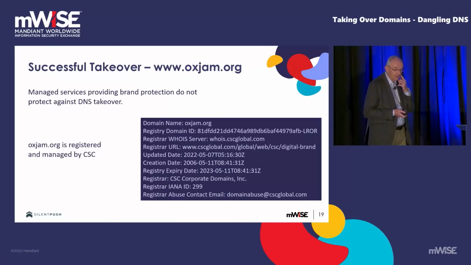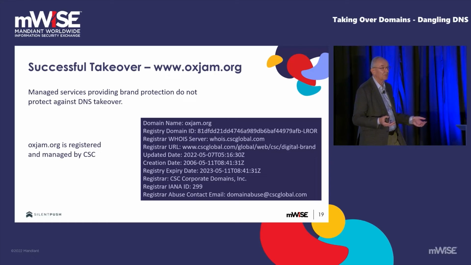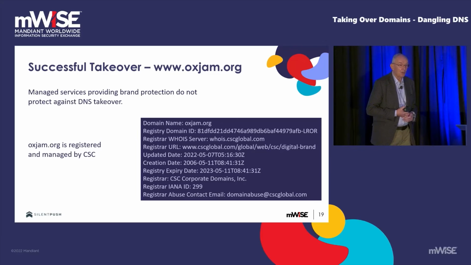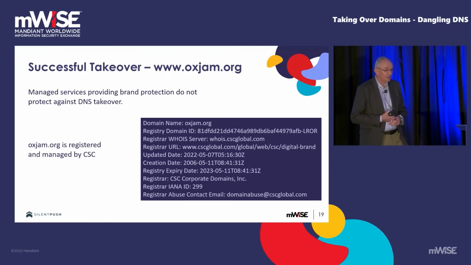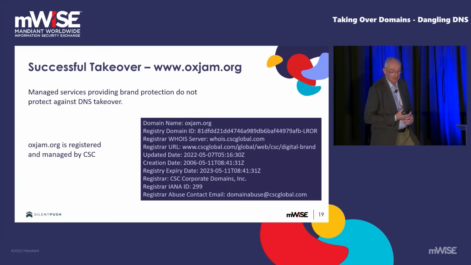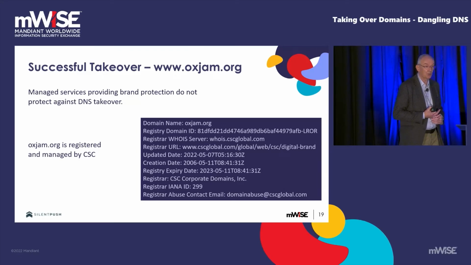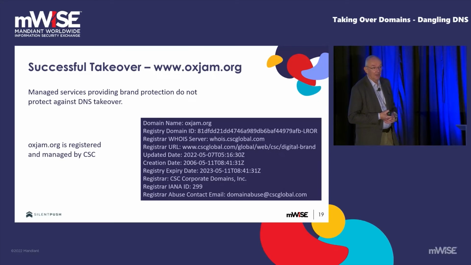The next thing I just point out is that a lot of people say, we don't need to worry about this because we have brand protection on all of our domains. We have experts looking after this. And that's nice. And you get a quarterly invoice, I'm guessing, and you're paying this.